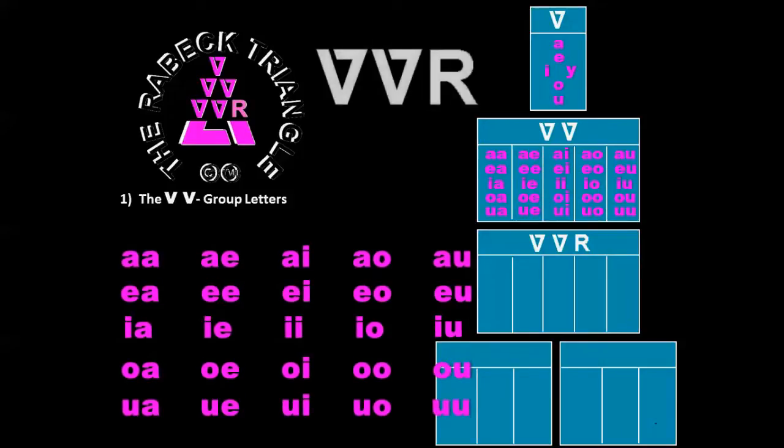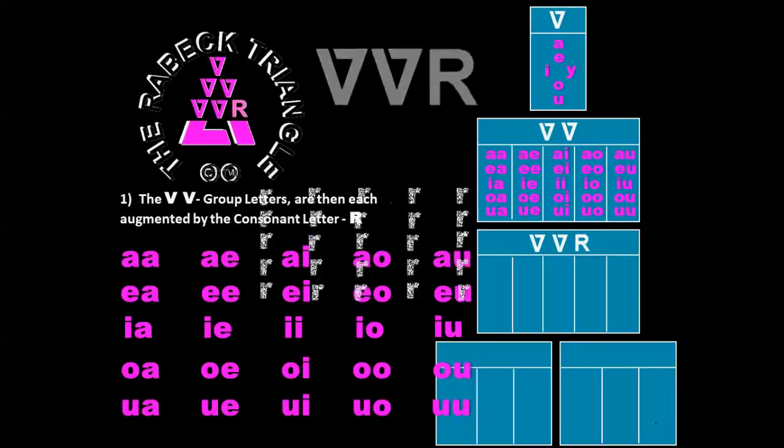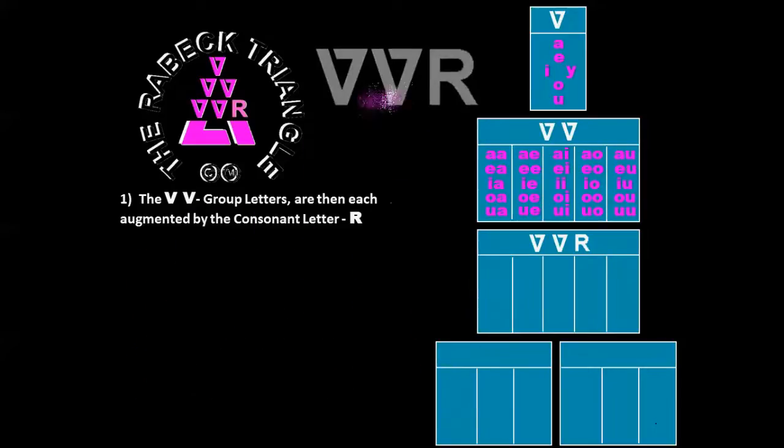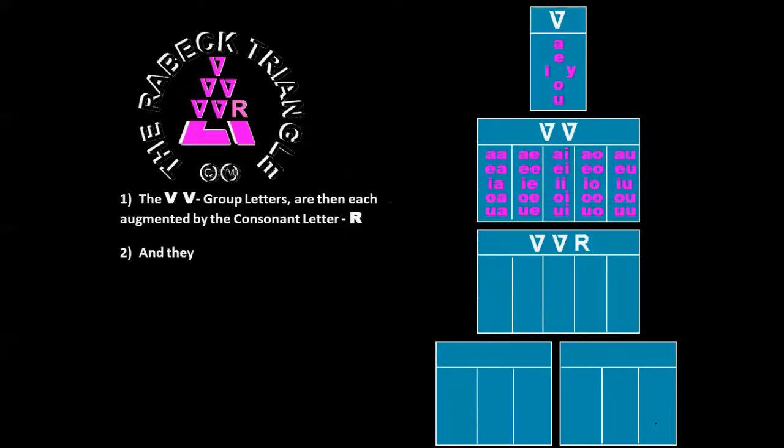The VV group letters are then each augmented by the consonant letter R. And they are placed in the VVR block of the RABECK triangle expansion.